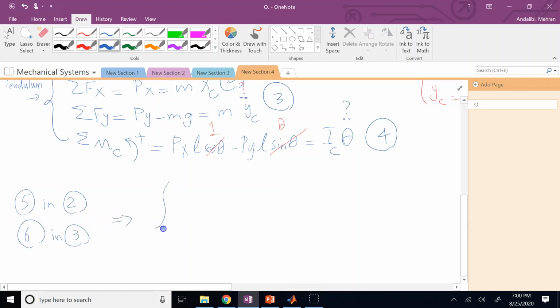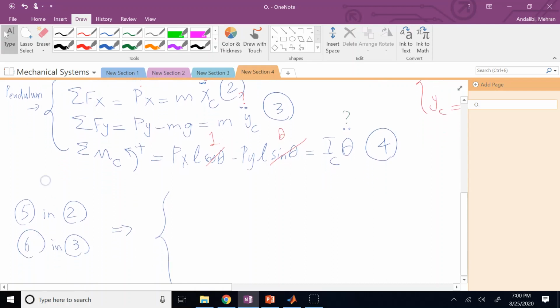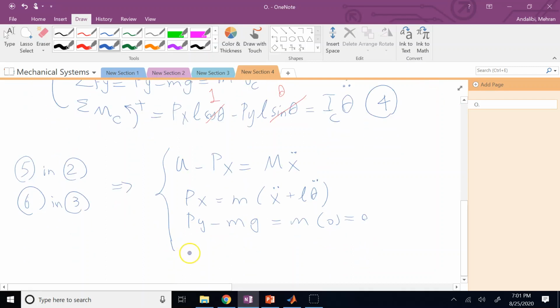If I do all of that and rewrite my new four equations, I get u minus px is m x double dot. Then px itself is m times x double dot plus L theta double dot. Then py minus mg is equal to mass times 0, which is 0. And then px L minus py L times theta is equal to something times theta double dot.